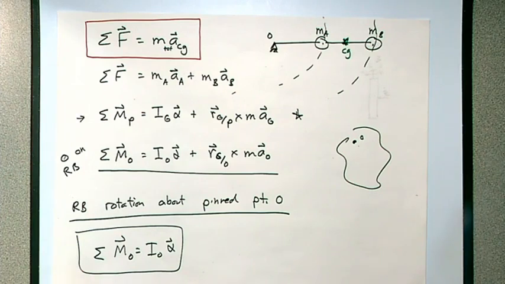But how does this compare to what we're doing now? Hey, if I'm on a rigid body, as this thing spins around and around and around, my length from O to G doesn't change. So my R dots and R double dots fall away. What I get here is a minus omega squared R in the R direction plus R theta double dot, let's call this alpha, in the u hat theta direction.